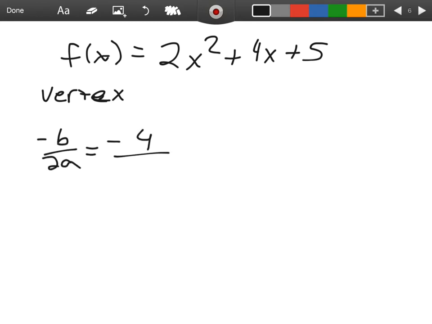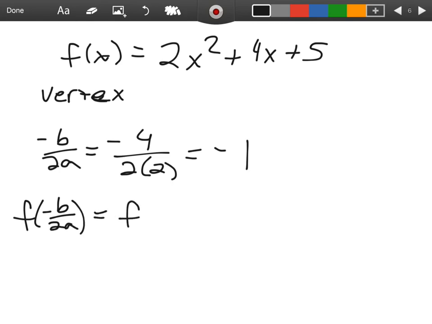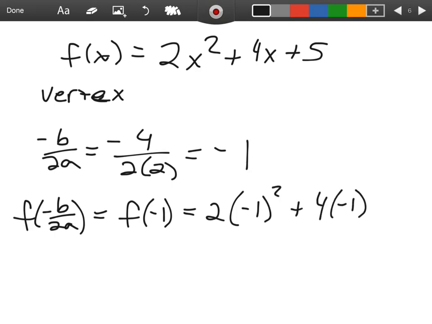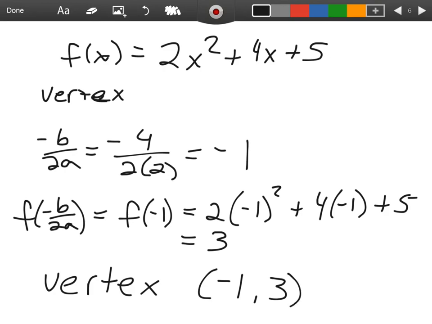This will be negative 4 over 2 times 2, which is negative 4 over 4, which is negative 1. Then this is going to be f of negative 1, which is 2 times negative 1 squared, plus 4 times negative 1, plus 5, which if you put all that in your calculator or do it in your head, whatever you like, it's 3. So the vertex of this guy is at (negative 1, 3).